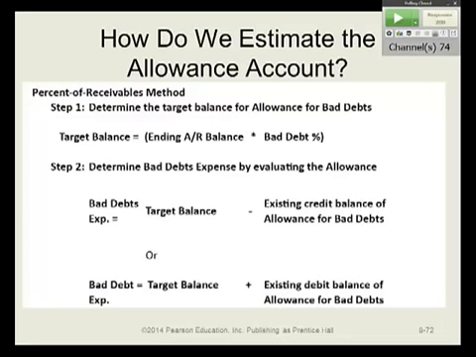My target allowance is 50, the existing balance is 40, and my bad debt expense is 10. So I'm going to debit bad debt expense and credit the allowance for $10.